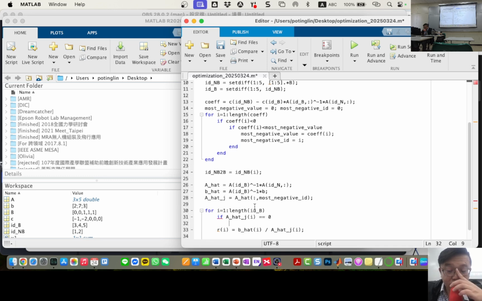So I should have a memory of the smallest positive value, let me say 0, and then the smallest positive ID, now 0.